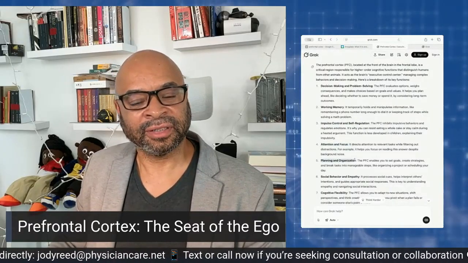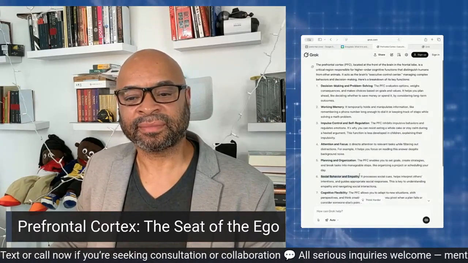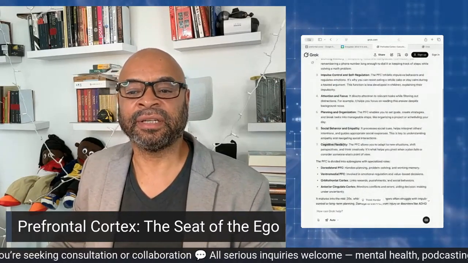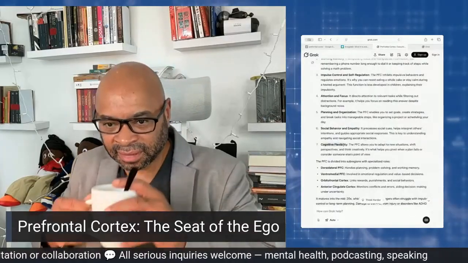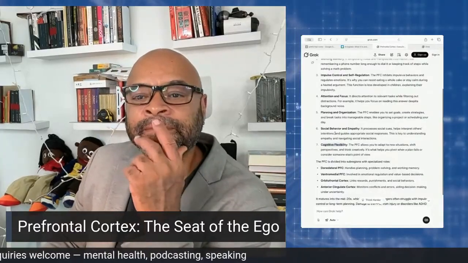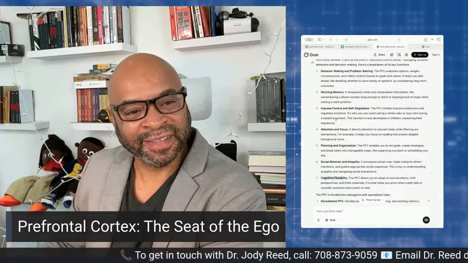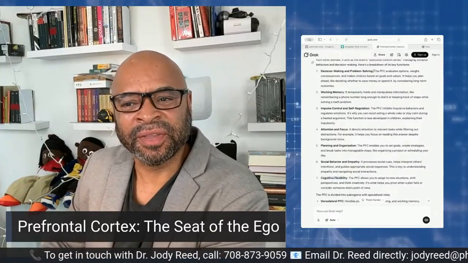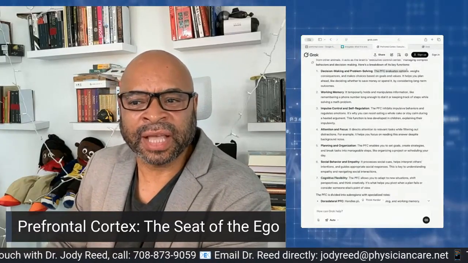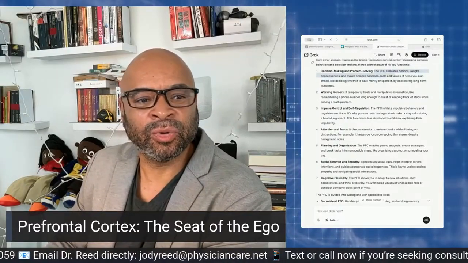Planning and organization, social behaviors and empathy, cognitive flexibility. And look here. If you were to look at any of the neuropsych tests or anything like that, they basically cover these areas. Decision making. The PFC evaluates options, weighs consequences, and makes decisions based on goals and values.